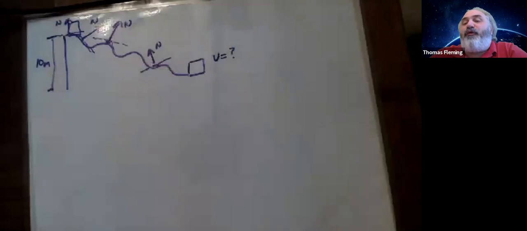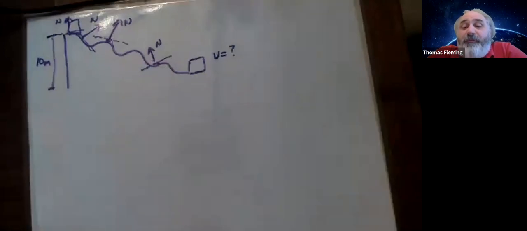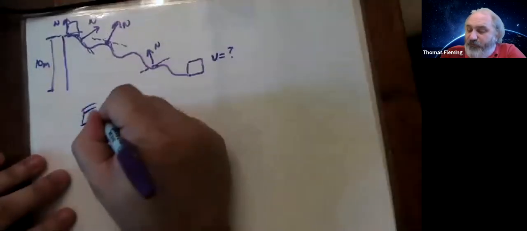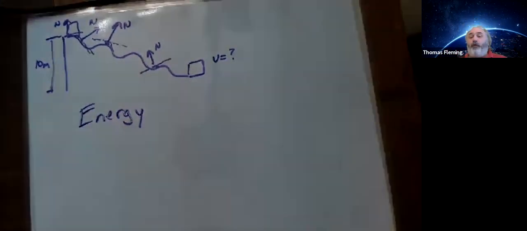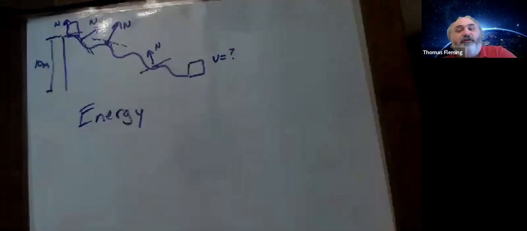But in order for us to get there, we need to introduce some concepts. And the big concept that we introduce in chapter 7 is the concept of energy. Energy is one of those terms that if you've ever taken a science class, you've certainly heard the word. I know that even in a biology class, the term energy will show up.